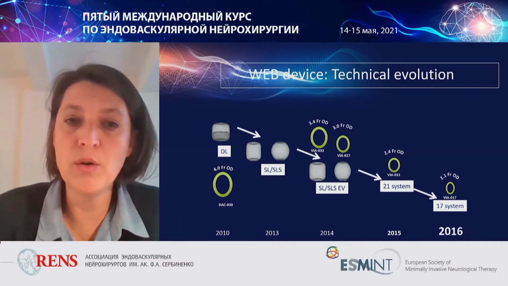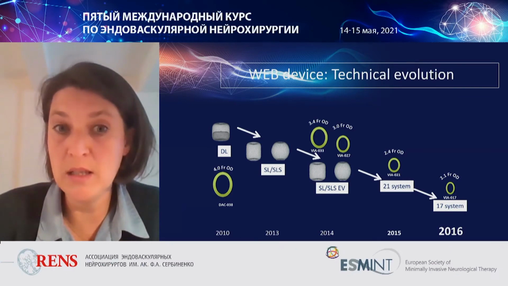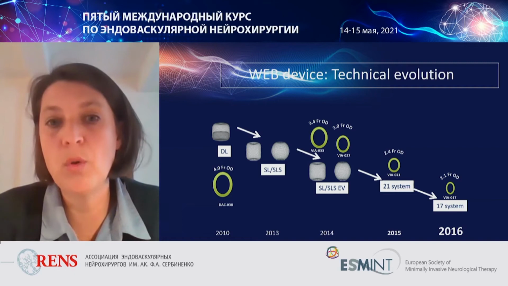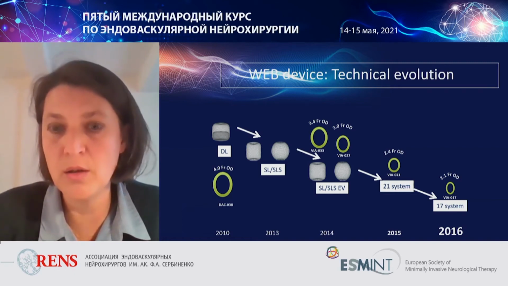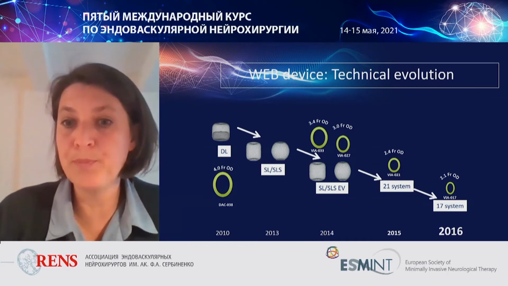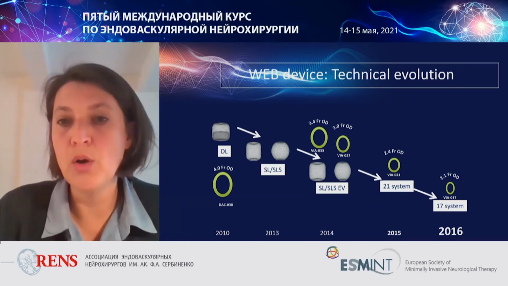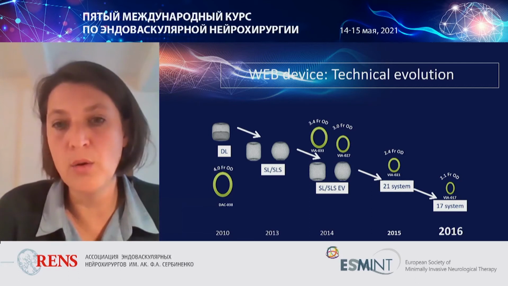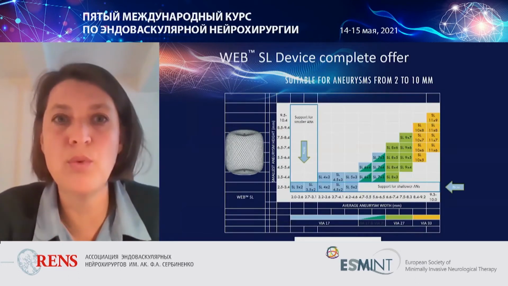Then came the enhanced visibility device that was better seen, navigating through smaller catheters, 33 and 27 microcatheter. Then came the 21 system. And the last evolution is the 17 system, navigating through 17 microcatheters, so with smaller devices and easier devices to deploy.